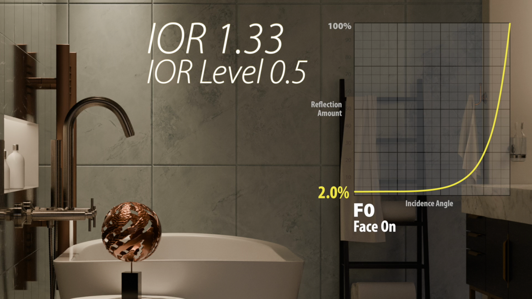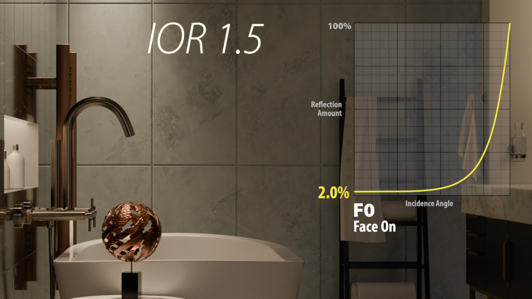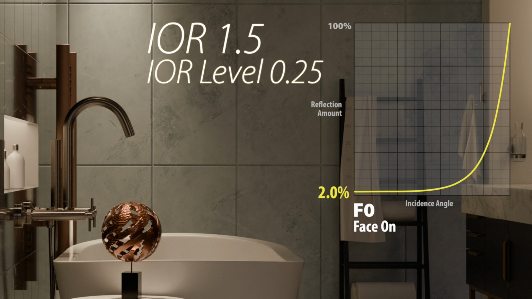but we're more interested in knowing a precise way of lowering that value. So to achieve 2% reflectivity using IOR level, we just leave the index of refraction at 1.5 and then cut IOR level in half to 0.25, and boom, we get 2% low glancing angle reflections. But now if we want 1% reflectivity, we could use the index of refraction directly, but we'd need to use a value of 1.23, which isn't exactly intuitive.